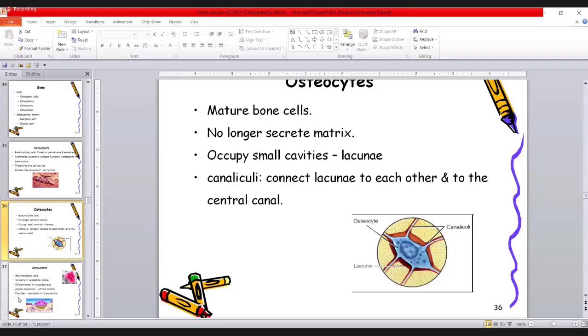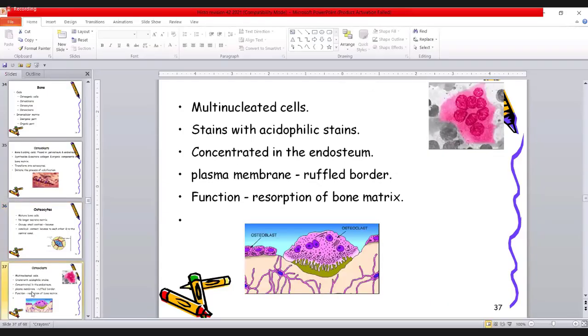And a unique feature of osteoclast: an irregular cell surface with a multinucleated cell and strongly acidophilic stain. Now that's a schematic diagram to show.